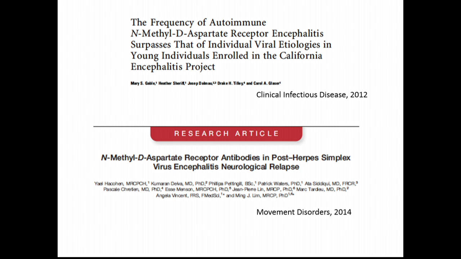The other important observation has been a series of papers recently of children who've had bona fide herpes simplex encephalitis, so this is PCR proven. They've had true viral infection of the brain, then get better, and then relapse. This was well described in a subset of patients with herpes, and they were PCR negative when they relapsed.